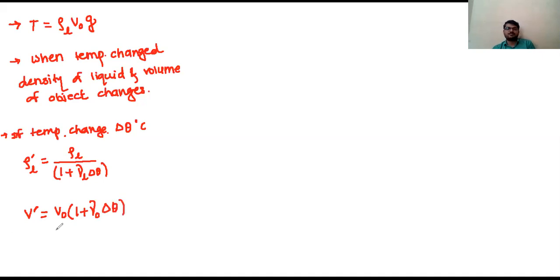This also we know, this is for volume. So after changing the temperature, the thrust T dash is equal to rho L dash V dash into g.